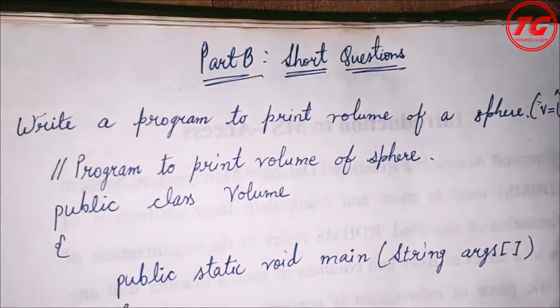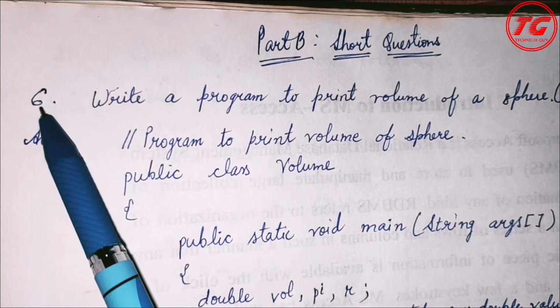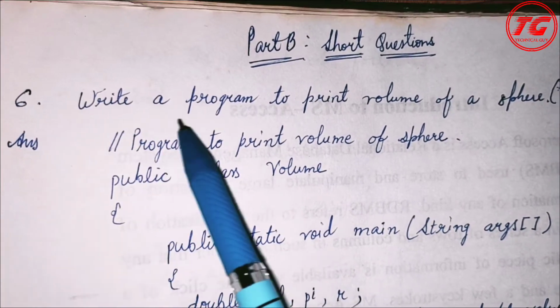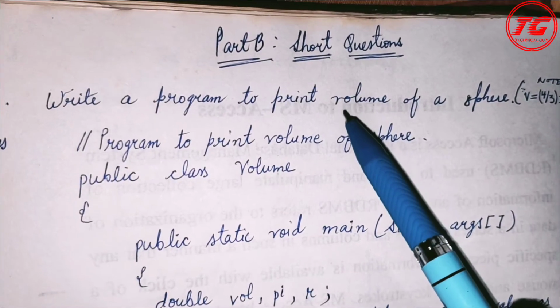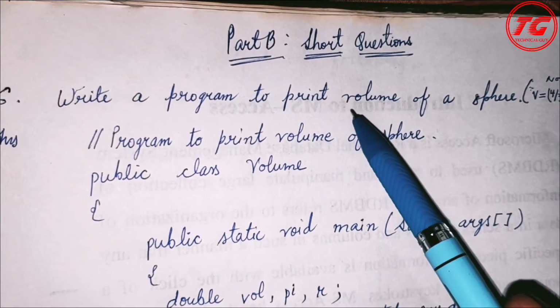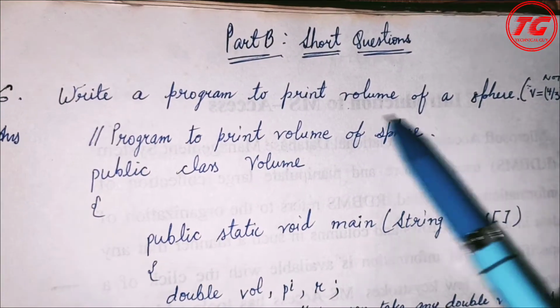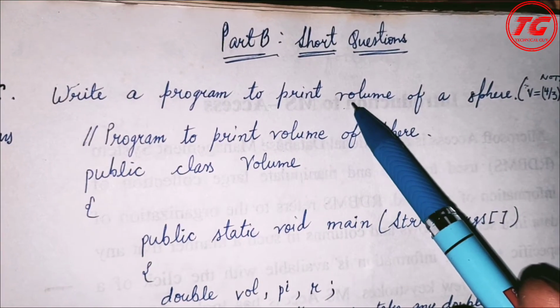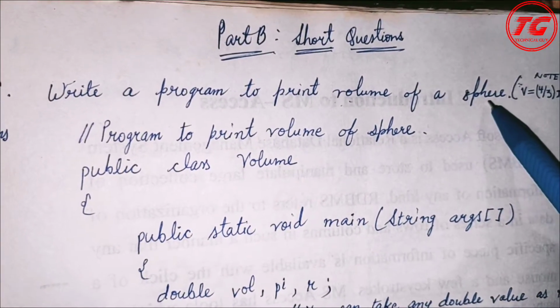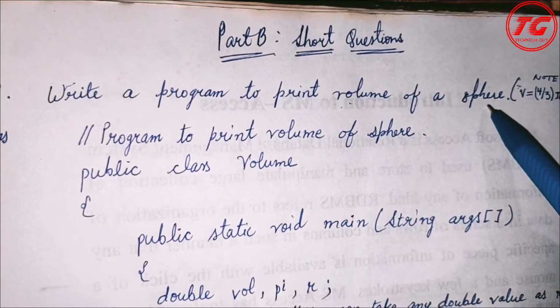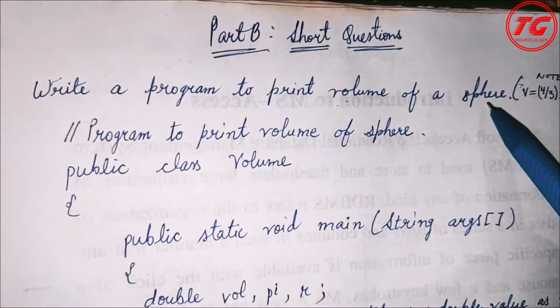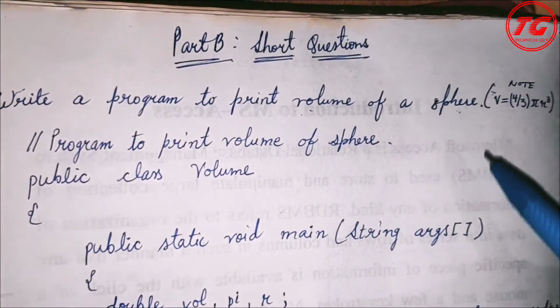So here I have written the program. Write a program to find the volume of a sphere. Before writing this program, you must know the formula or the mathematical equation to calculate volume of a sphere.